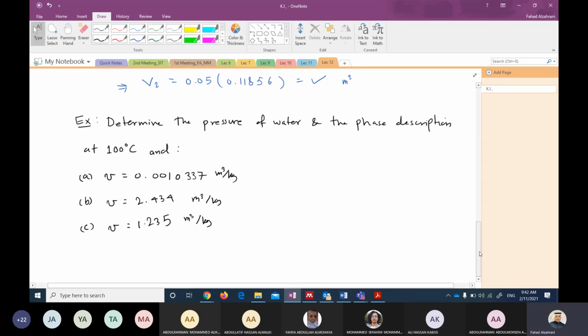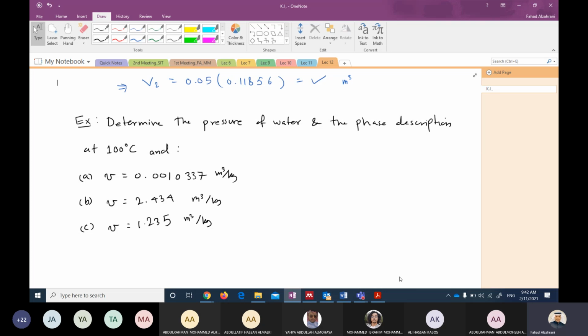Okay, let's see. It is correct, it is compressed liquid, but are you sure it's 75 bar? 200 bar. It is 20 megapascal, which is 200 bar.